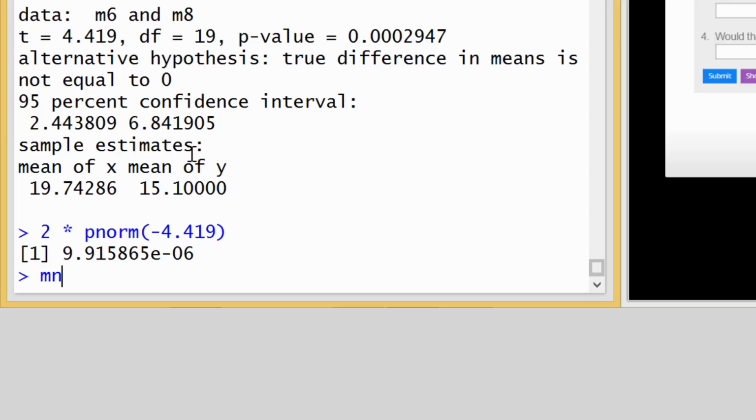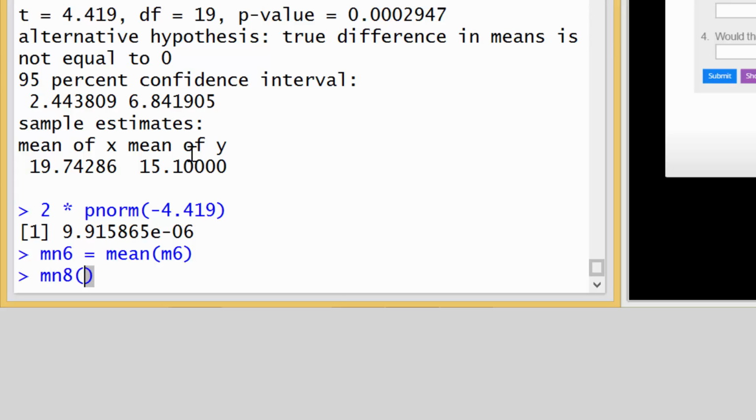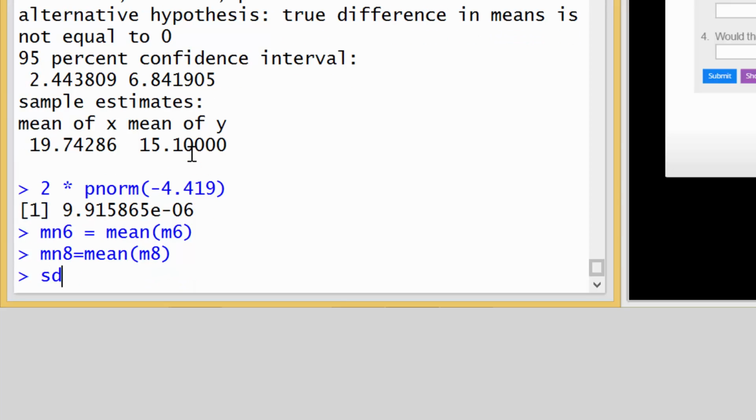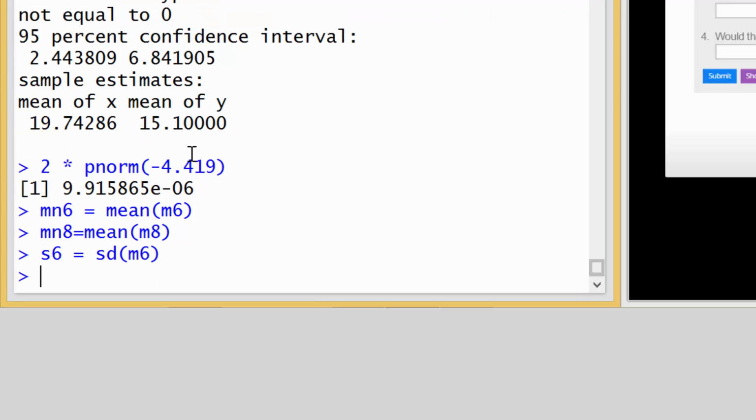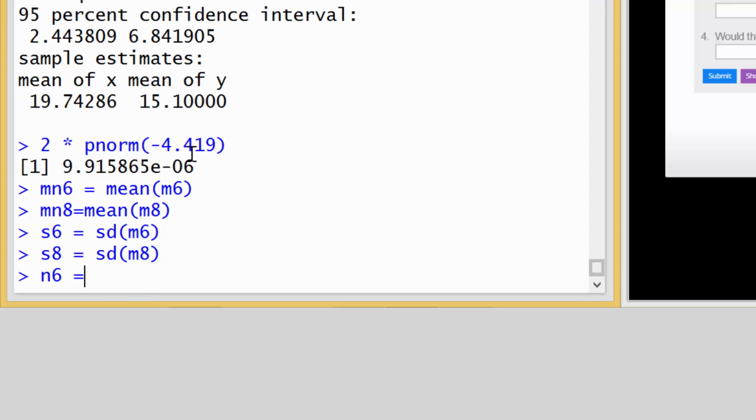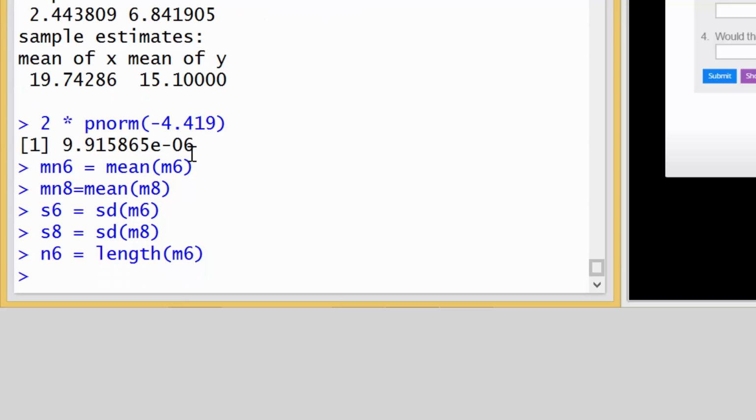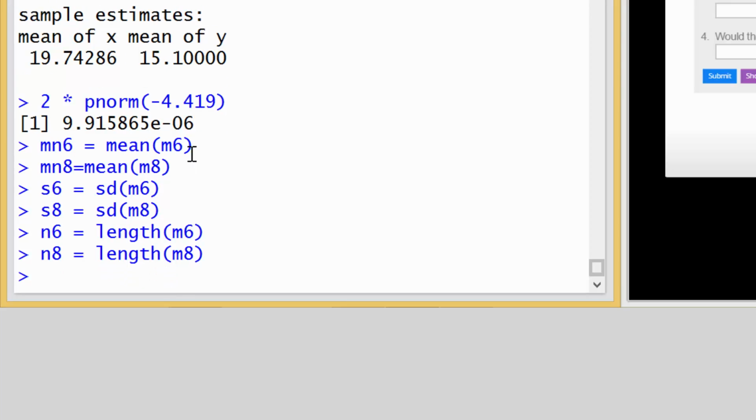So let me define mean6 as the mean for the 6-cylinder cars, mean8 as the mean for the 8-cylinder cars, S6 as the standard deviation for the 6-cylinder cars, S8 as the standard deviation for the 8-cylinder cars, N6 as the number of observations for the 6-cylinder cars, and N8 as the number of observations for the 8-cylinder cars. Okay? First we need the pooled variance estimate.